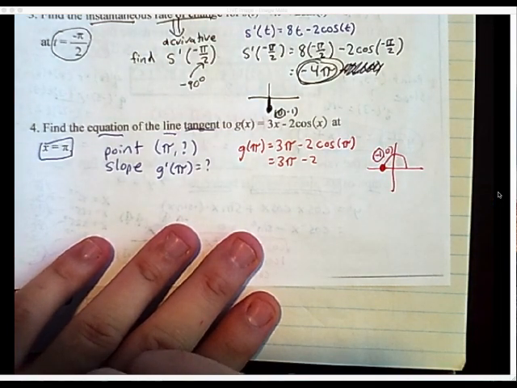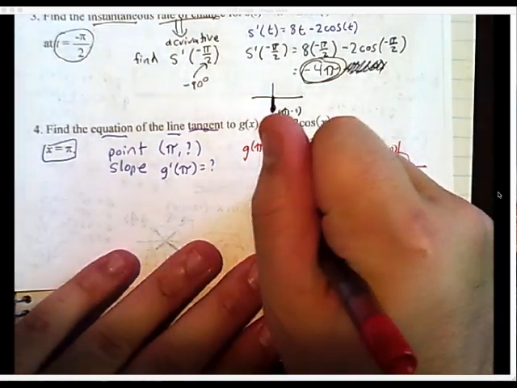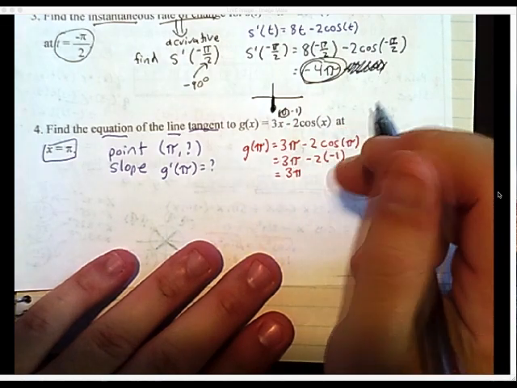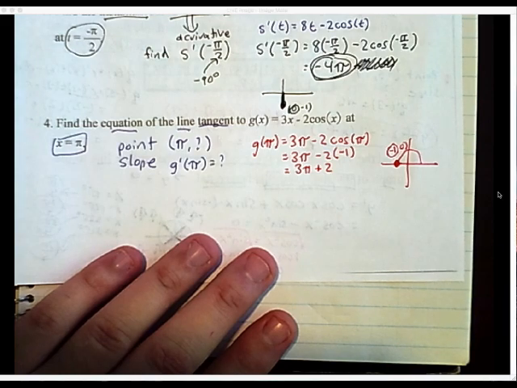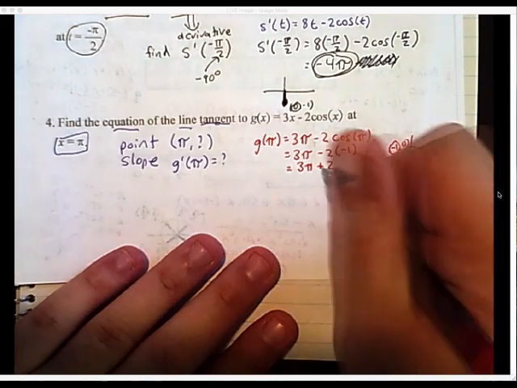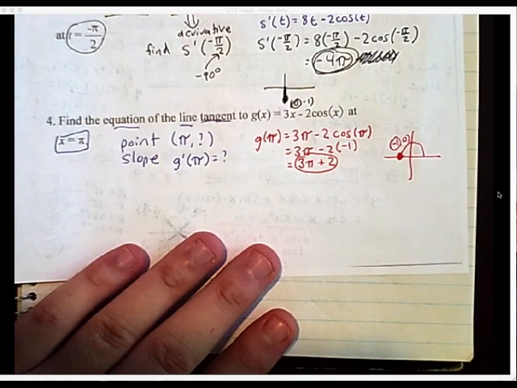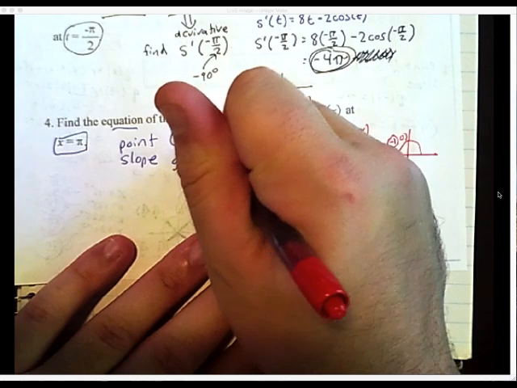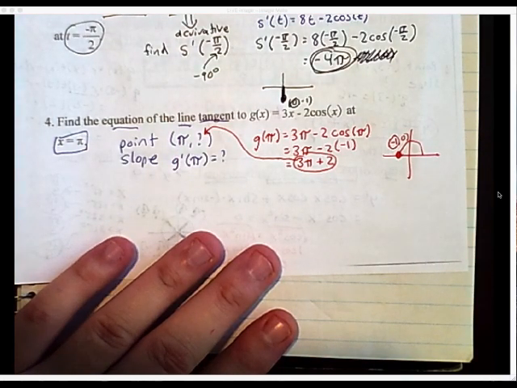So it's negative 1. Cosine of pi radians is negative 1. Okay. Negative 2 times negative 1 is plus 2. So this whole thing right here, that's the y value. That's the entire y value. Okay. 3 times 3.14 plus 2.